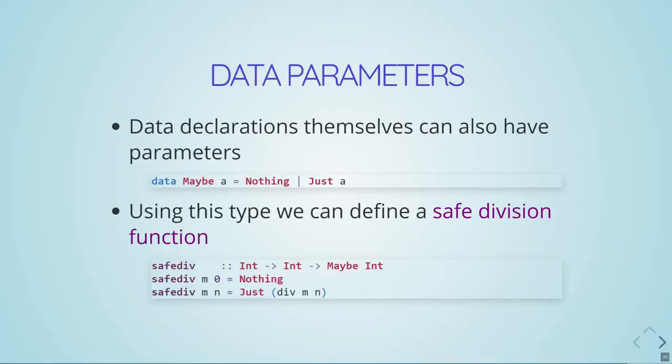One more thing I want to mention about data declarations before we finish off is, just like type declarations, they can have parameters attached to them. So consider this type maybe that has a type parameter attached to it. So maybe it could either be nothing or just whatever type is attached to it.